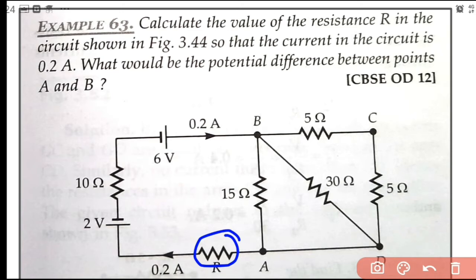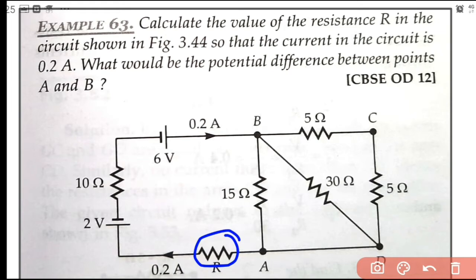So how will we go for this? First of all you have to reduce this circuit. See, between A and B there are many resistances. So here you need to simplify this. You just look between A and B which all resistances come. First of all 5 and 5 in series, so 5 plus 5 is 10.